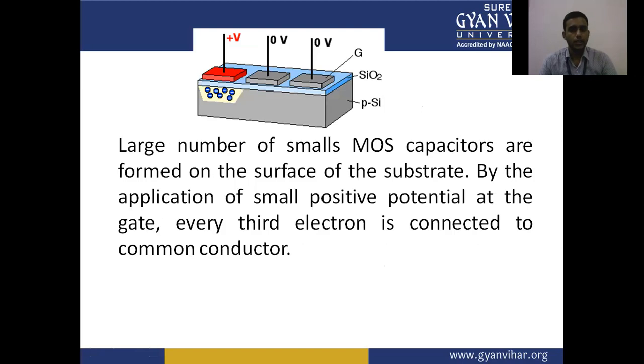A large number of small metal oxide semiconductor capacitors are formed on the surface of the substrate. By the application of a small positive potential at the gate, every third electrode is connected to a common conductor.